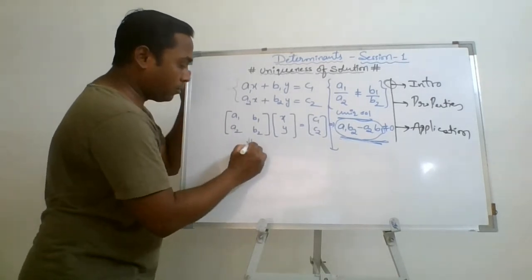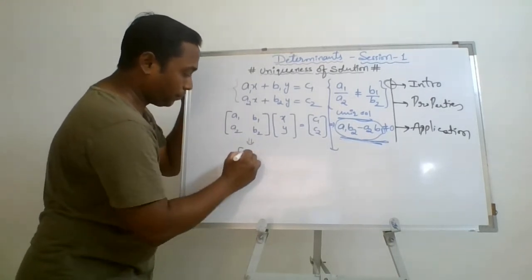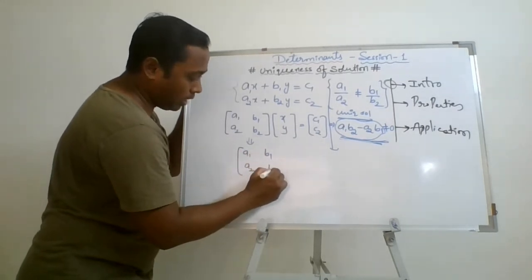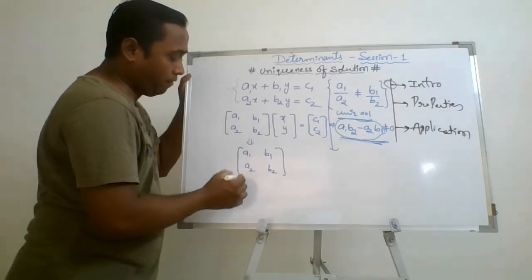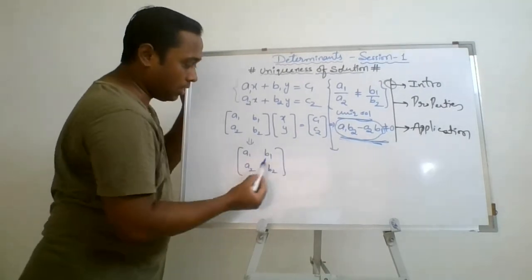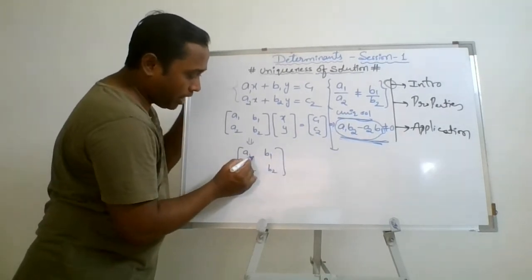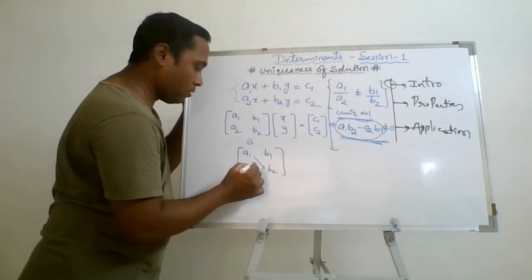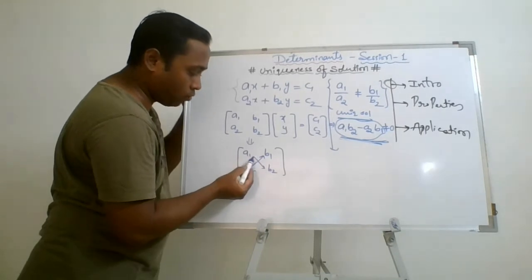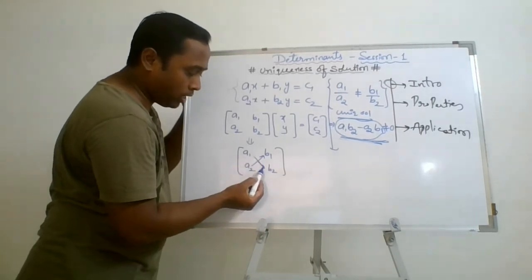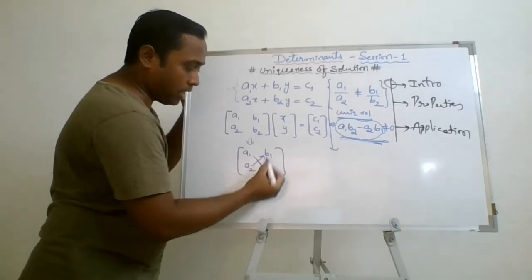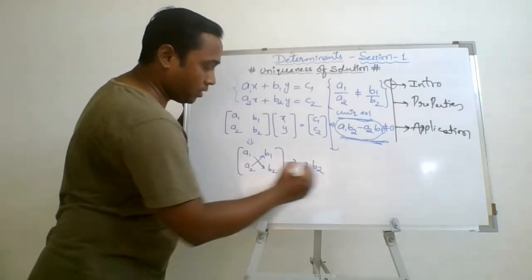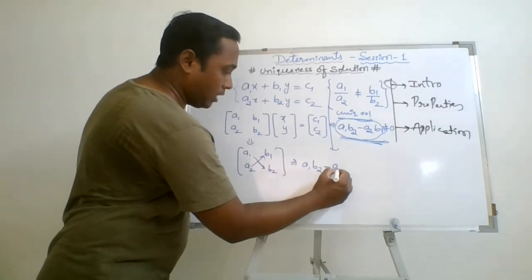Now if I take the square matrix here, a1, b1, a2 and b2, and I want to get the number, what I need to do is multiply these two quantities and then these two quantities, that is, the principal diagonal product minus the other diagonal product, which implies a1 into b2 minus a2 into b1.